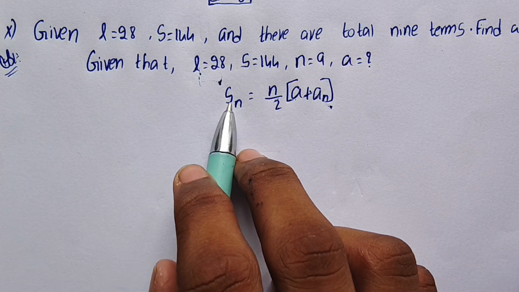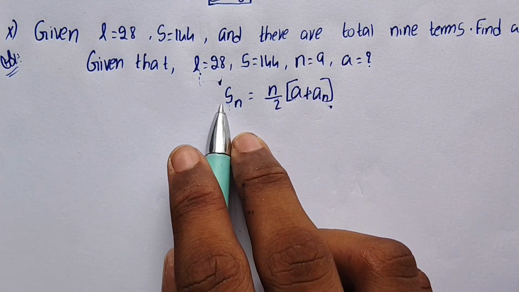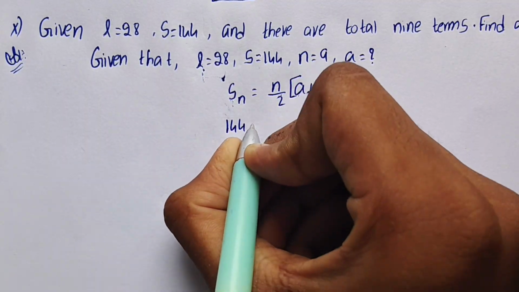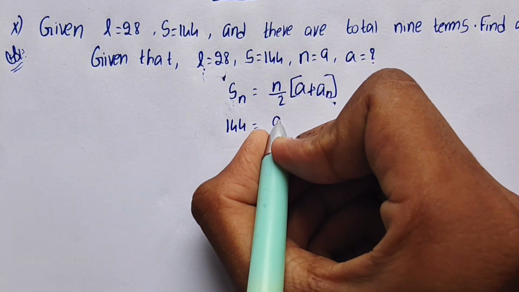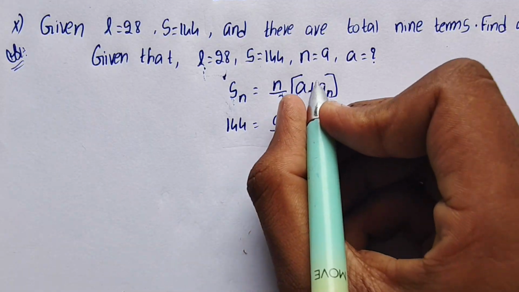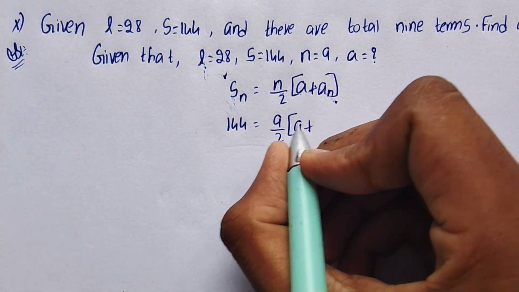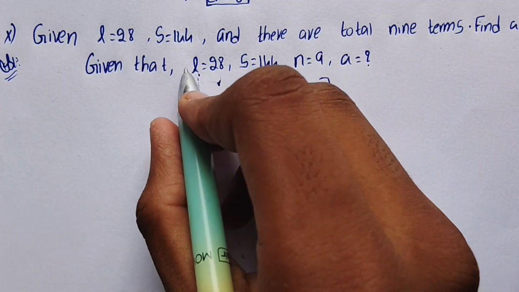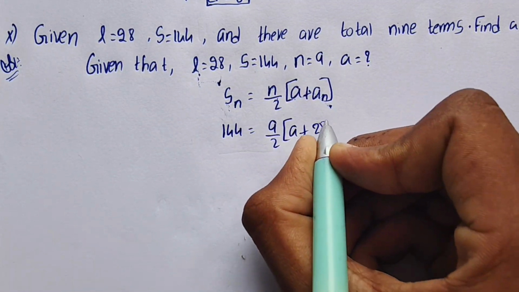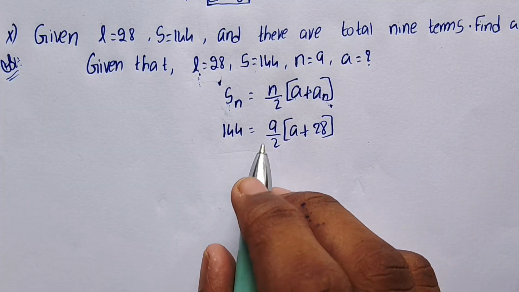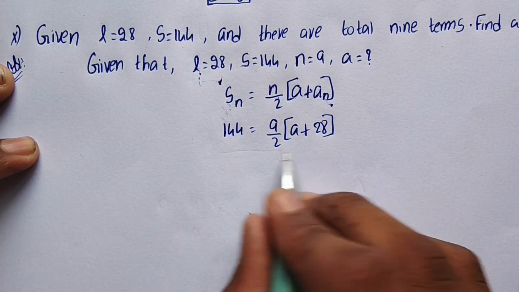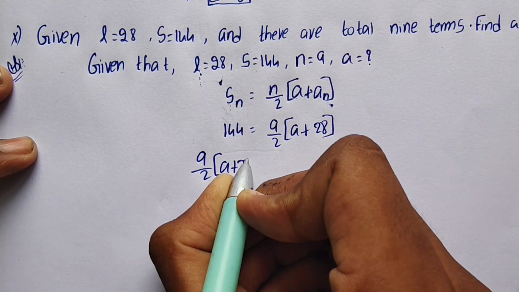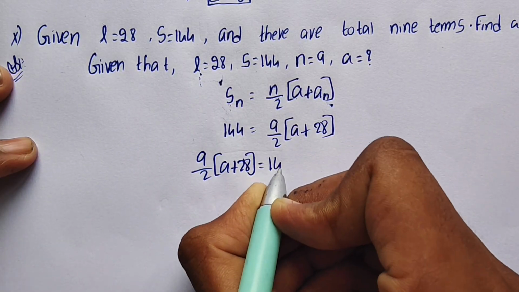So the sum of n terms 144 equals n is 9 by 2 into the value of a, which we don't know, so a, plus the value of a base n, that is L, 28. So we can write this as 9 by 2 into (a plus 28) equals 144.